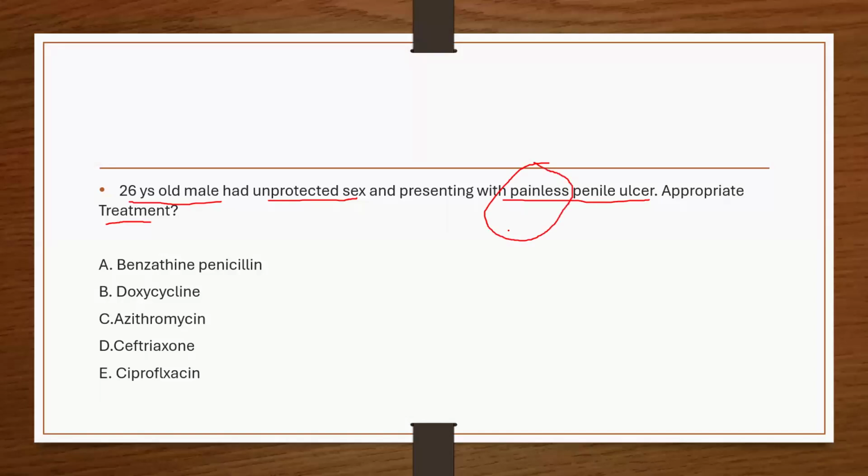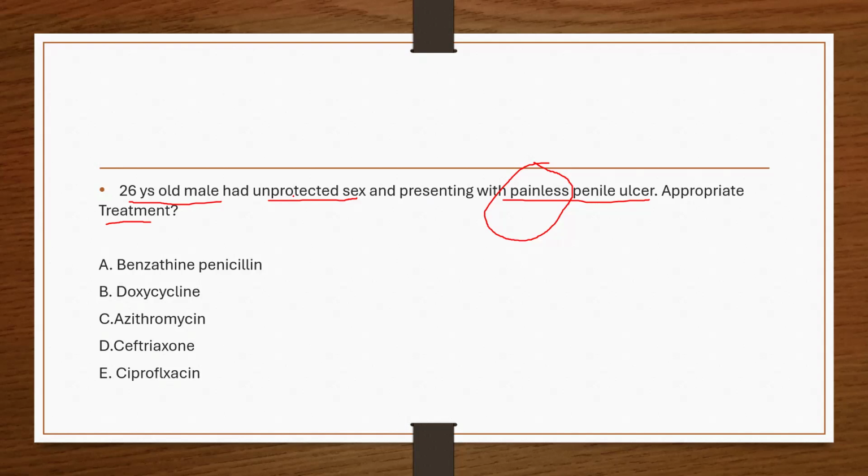Because this is a case of possible STI: a 26-year-old male, unprotected sex, coming with a penile ulcer. When you deal with a penile ulcer, whether it's painful or painless is of immense importance in coming to the diagnosis.